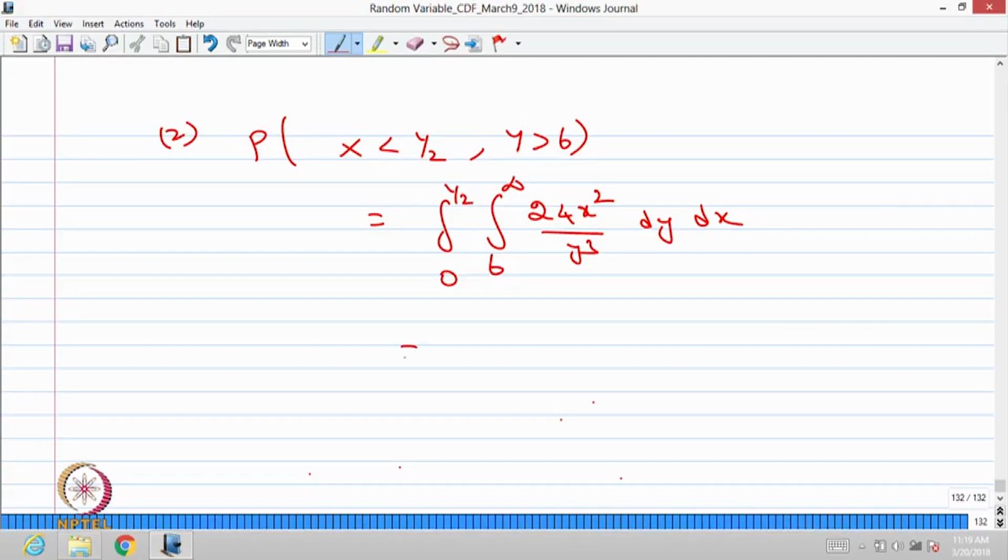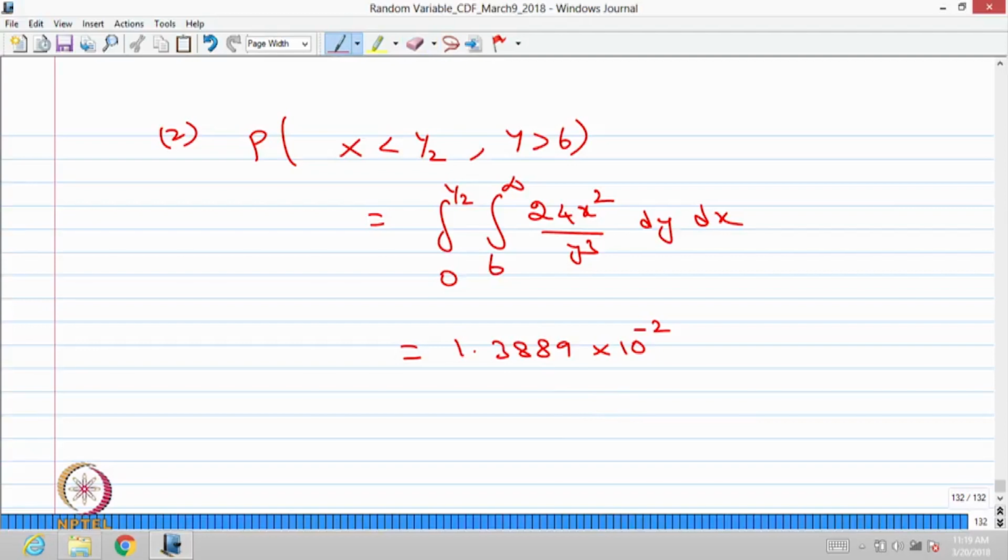Here also, if you do the integration and the simplification, you can get the answer. It is 1.3889 multiplied by 10 power minus 2. I am not spending time on the integration. You can do the integration and you can get the answer.